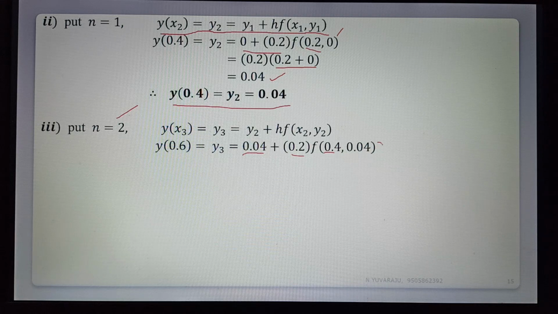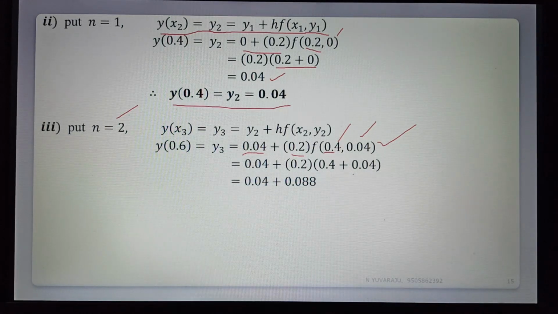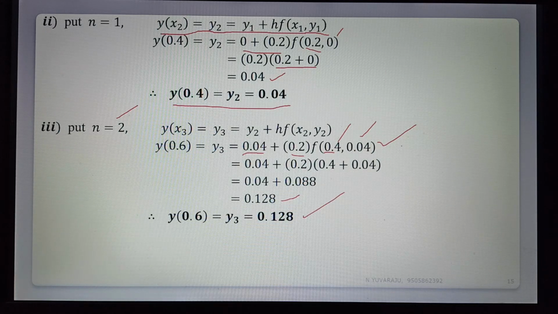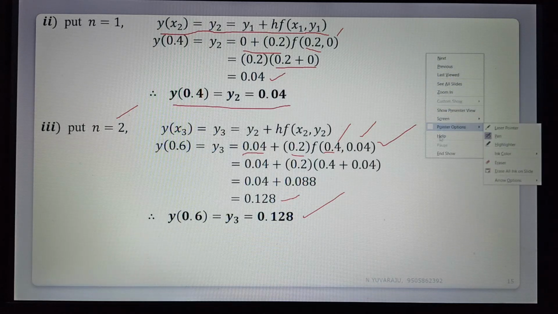Substituting in the function x plus y, that is 0.04 plus 0.2 into 0.4 plus 0.04, simplification 0.128. So therefore the third value y of 0.6 is equal to y3, 0.128. So this is the Euler's method.